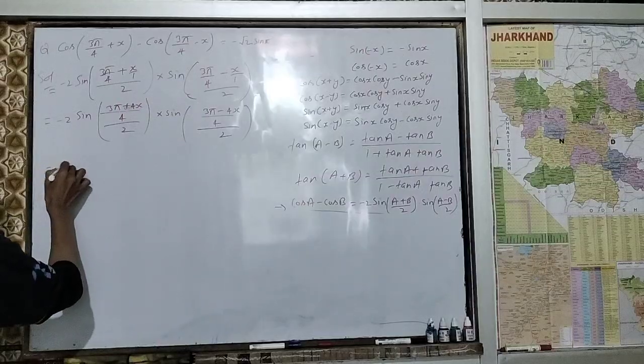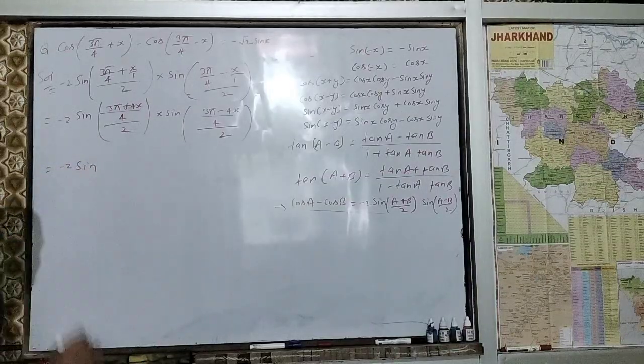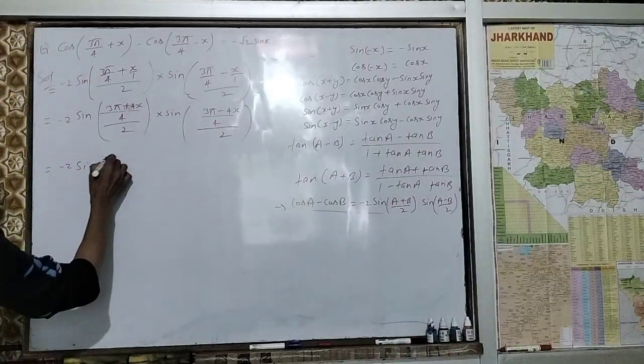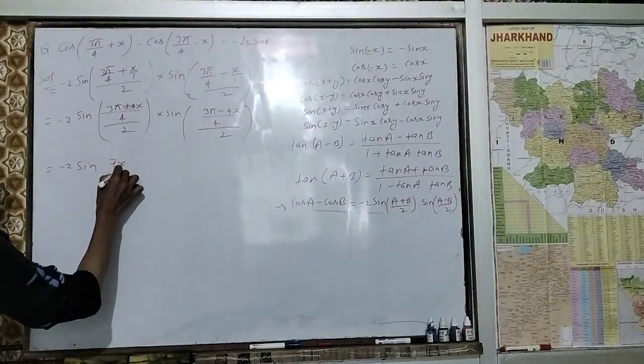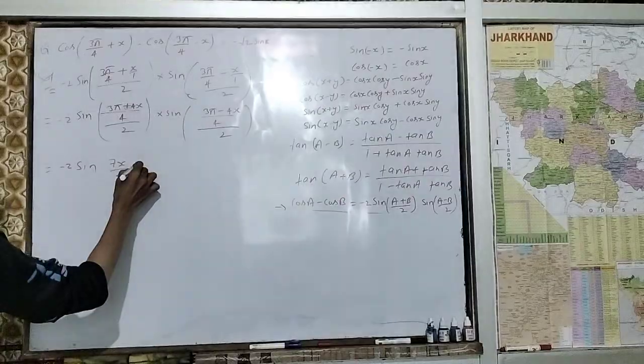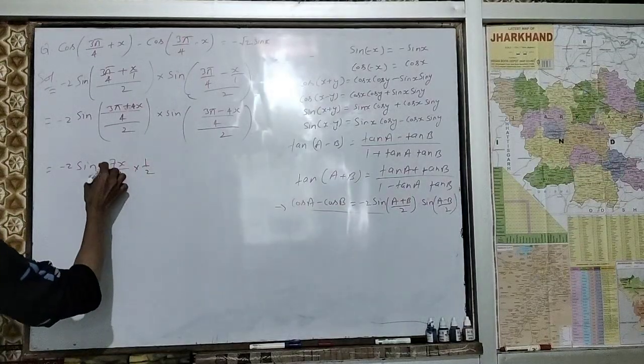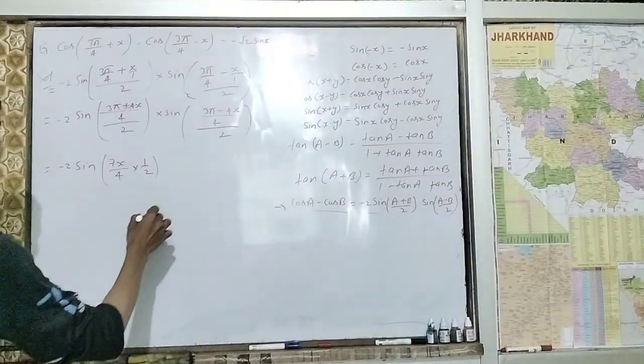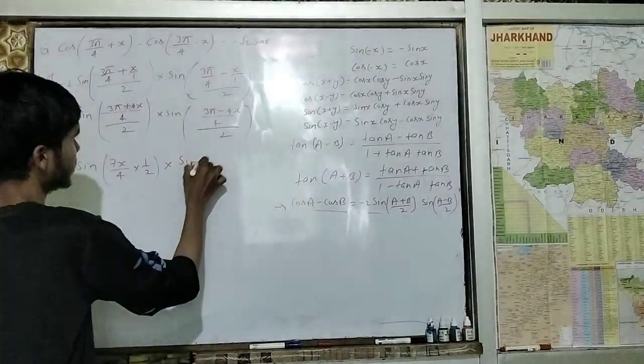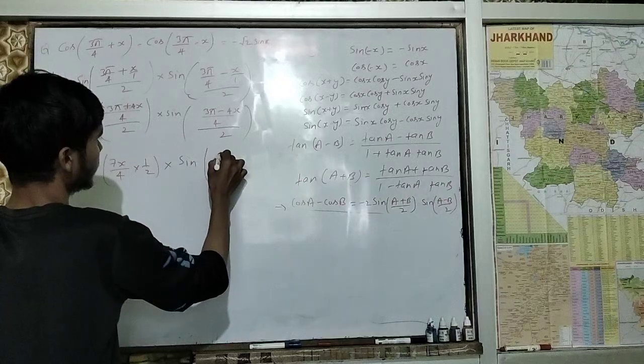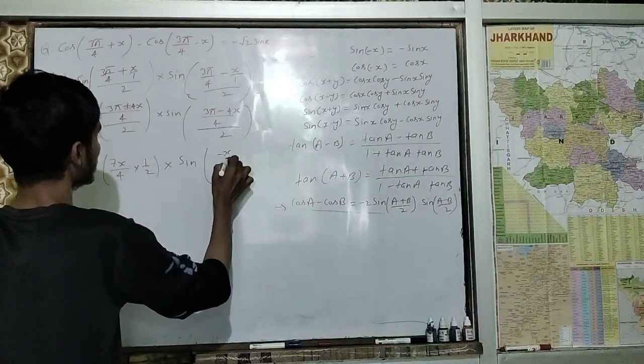Okay, minus 2 sine, it is becoming 7x upon 4, 1 upon 2 multiplied by sine, it is becoming minus x.